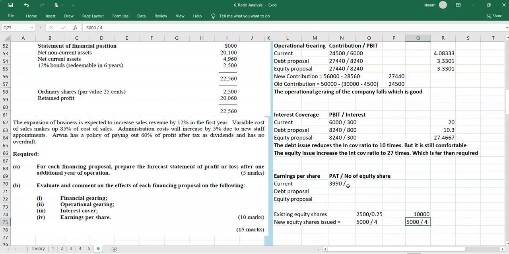So the existing shares are this many, right? And the new equity issue is this number of shares. Post equity issue, shares are going to be 11,250.